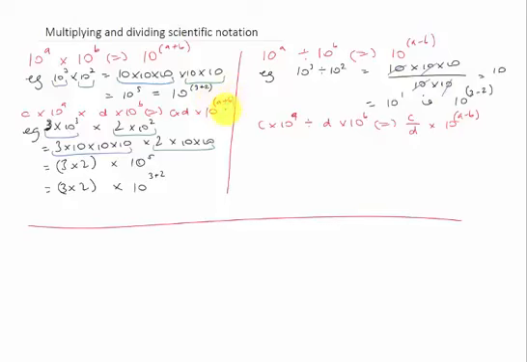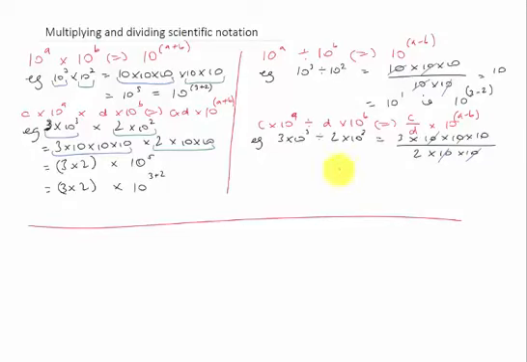Let's add some brackets all the way over here. So if we've got an example, let's say we've got 3 times 10 to the power 3 divided by 2 times 10 to the power 2. That would give us 3 times 10 times 10 times 10 over 2 times 10 times 10. Again, we can cancel these out.